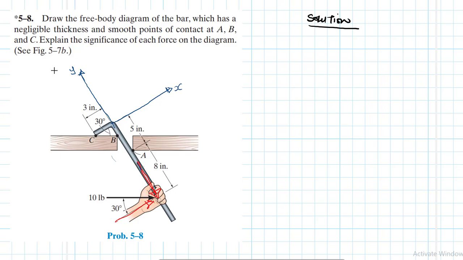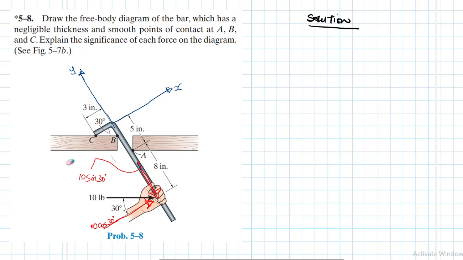So we are saying we have these two forces, and this force here is going to be equal to 10 cos 30, and then this one is going to be equal to 10 sine 30.